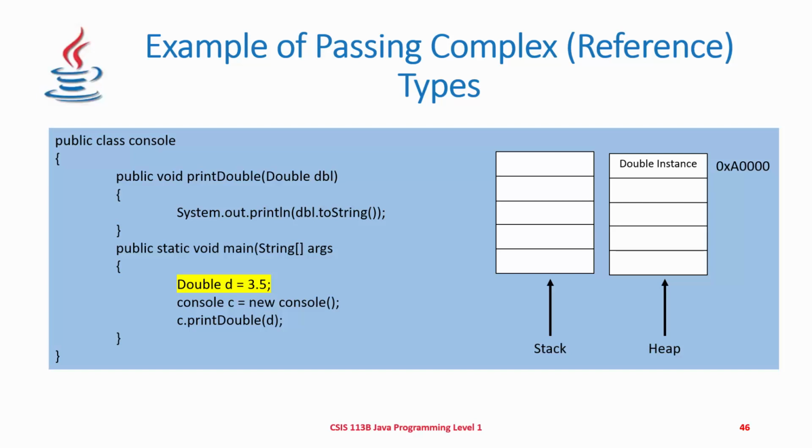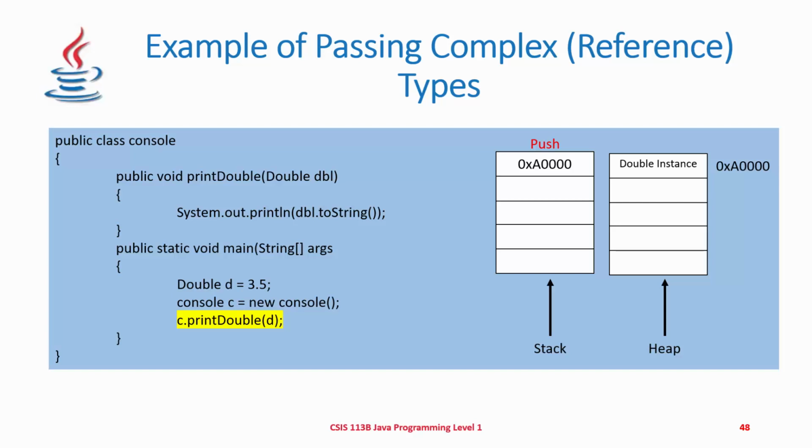Then the next line, Console c equals new Console, is simply creating an instance of our class so that we can then call this custom method up above called printDouble, by using the next line, c.printDouble, and passing to it the value of the variable that we created, D.